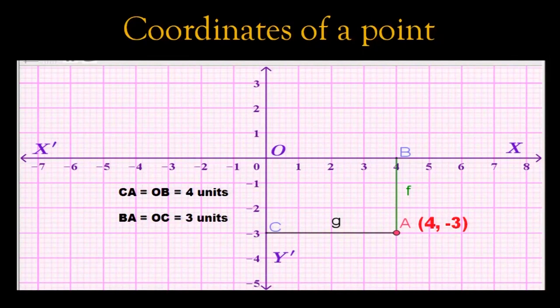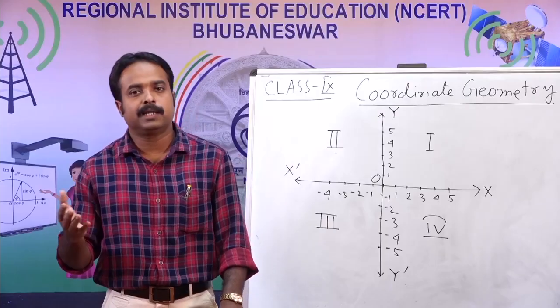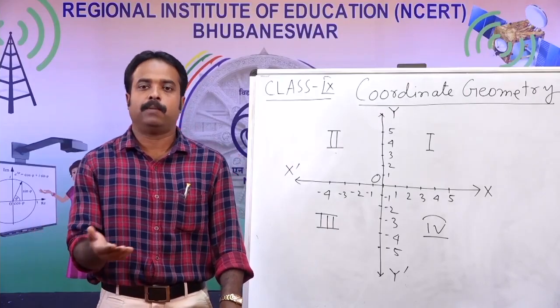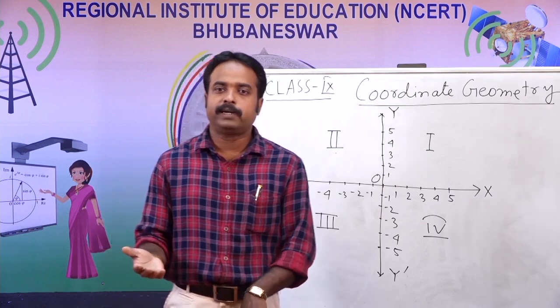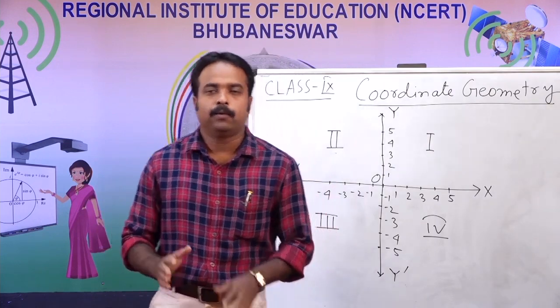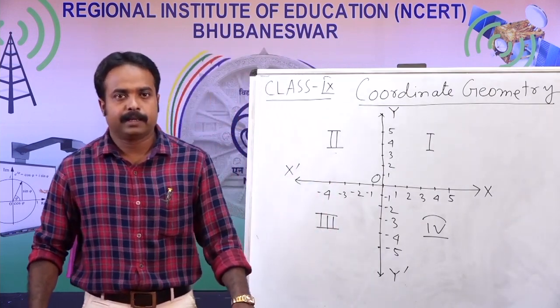And the distance of the point A from the x-axis is 3, and it is located in the positive direction of the x-axis and the negative direction of the y-axis. That's why 4, -3. Or this is the fourth quadrant that we have already discussed. In the fourth quadrant, x is positive and y is negative. Let us take another example.